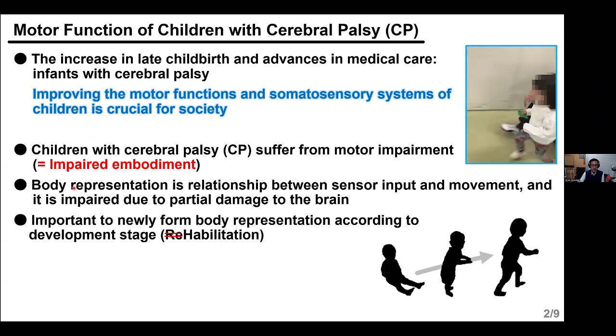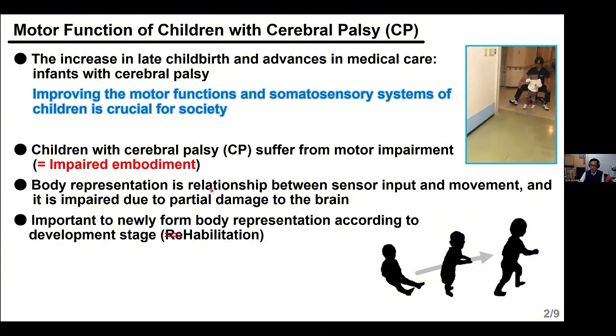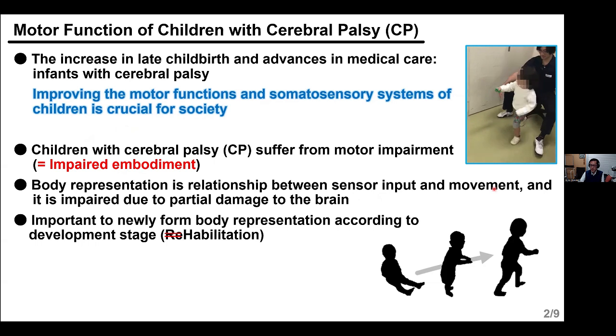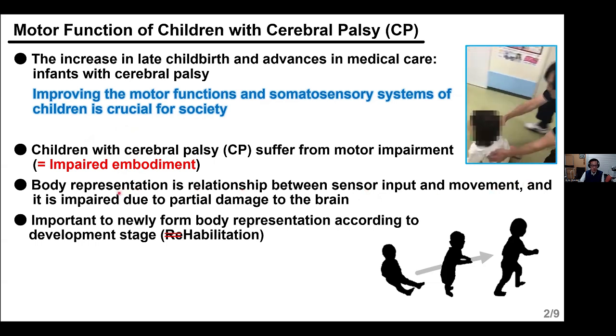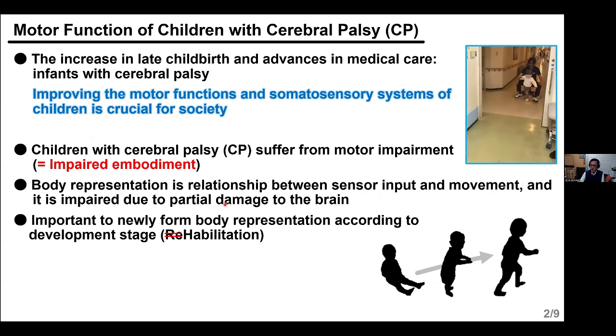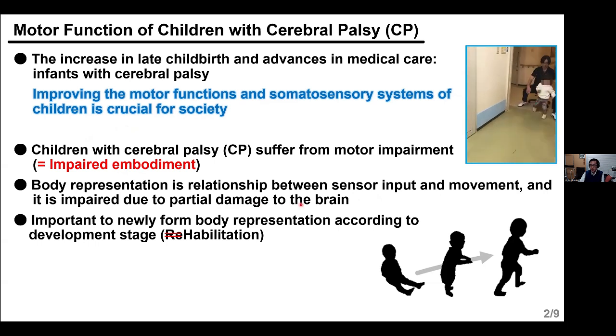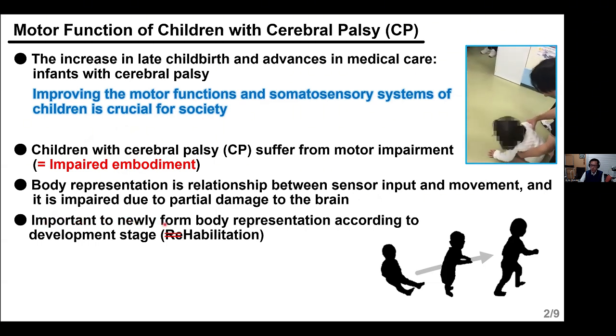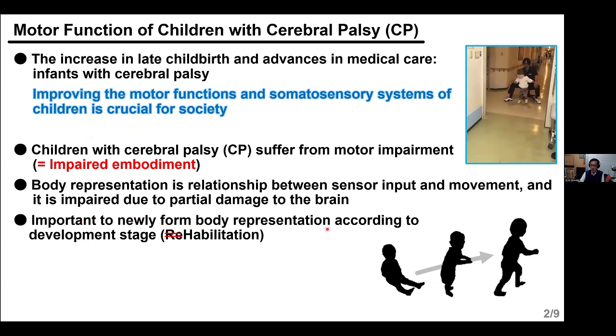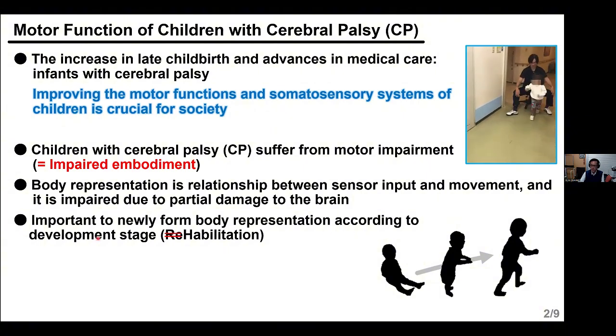Their body representation, in other words body schema, is defined as the relationship between sensory input and body movement, and it is impaired due to partial damage to the brain. So it is very important to newly form this body representation according to the development stage.